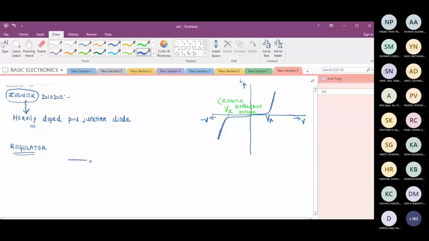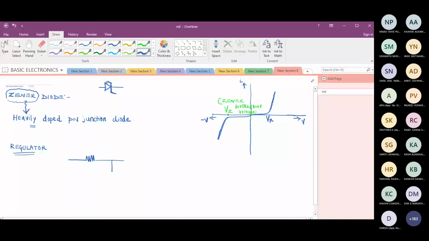By the way, I forgot to mention, the Zener diode symbol is like this. This is my ordinary diode. The Zener diode, the N type side, the right side terminal, is like this. Why?